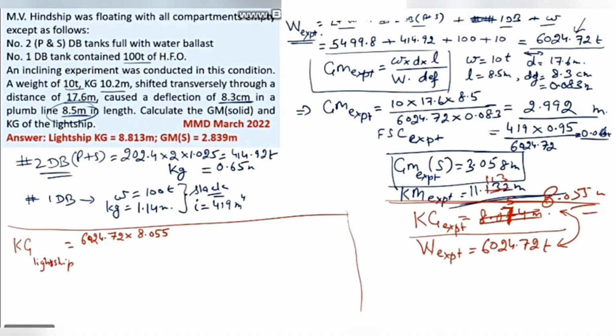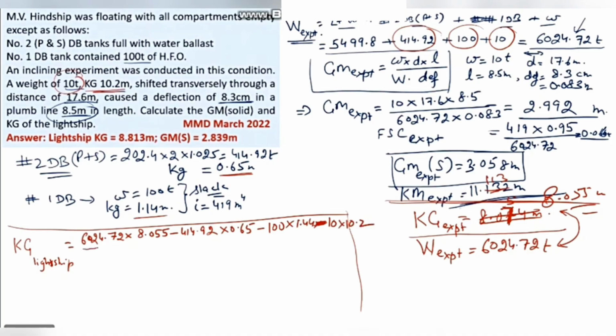There are 3 weights you see here, 1, 2 and 3, which do not belong to the light ship. So minus their vertical moments, 414.92, the KG of number 2 DB you had given me is 0.65, minus 100 into 1.14, minus 10 into the KG of 10 tons of weight, given in the question as 10.2. That leaves you with the vertical moment of the light ship.